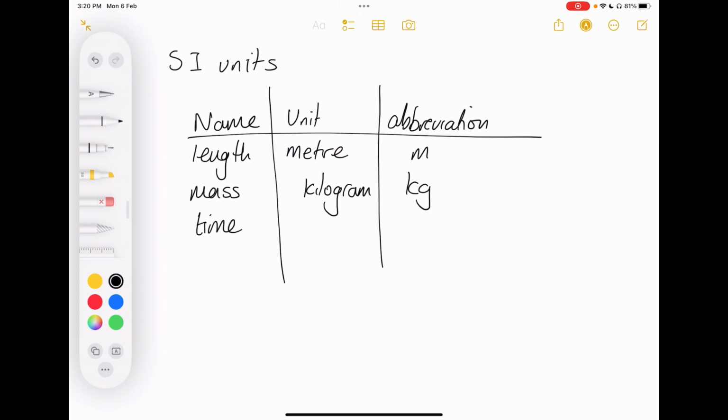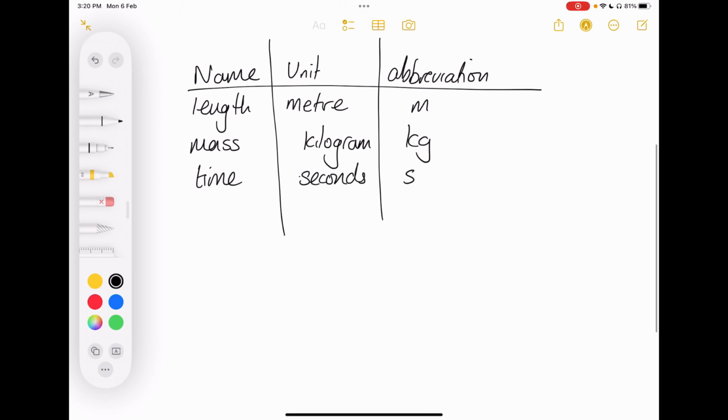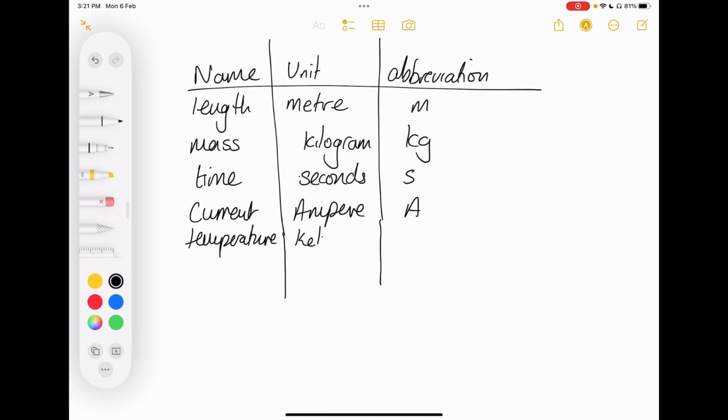Time is seconds, symbol s. Current is in ampere or amps, and it's got the letter A. Then you've got temperature. Now you might be used to measuring temperature in degrees Celsius, but actually the SI unit should be the Kelvin, which is a capital K.